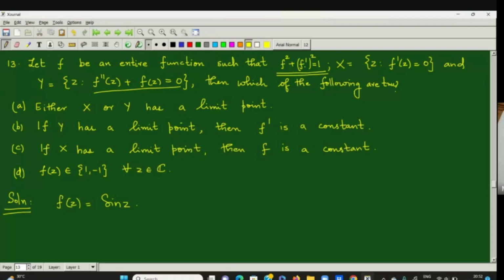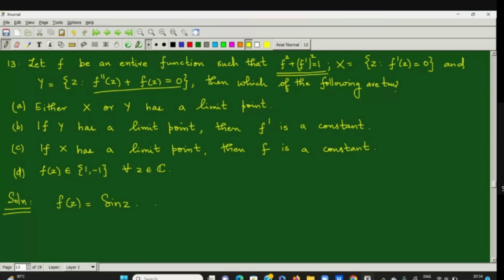So I think we can finish with this problem and go for an interactive session. The issues are with your network maybe. Sin z is satisfying this condition. So what is X? The zeros of f dash z, means the zeros of cos z.